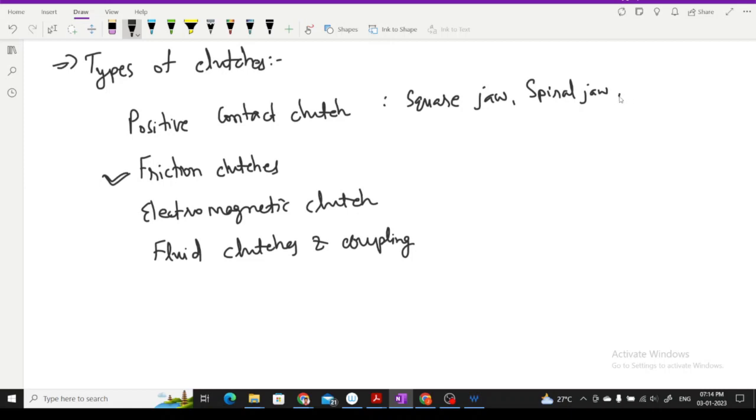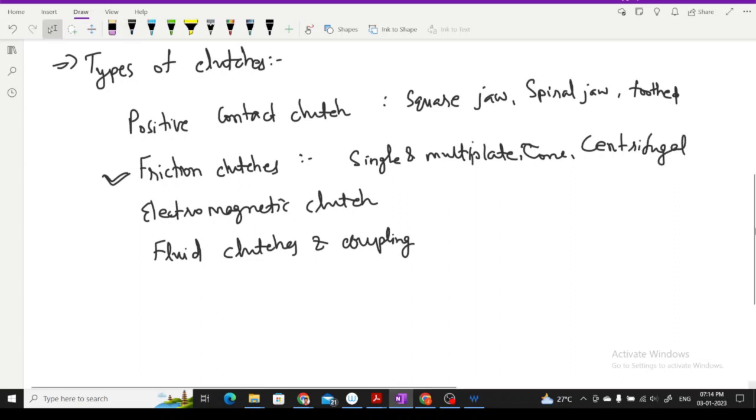The centrifugal clutch will be among the frictional clutches. In frictional clutches, you will have the single and multi-plate clutch, then the cone clutch and the centrifugal clutch.